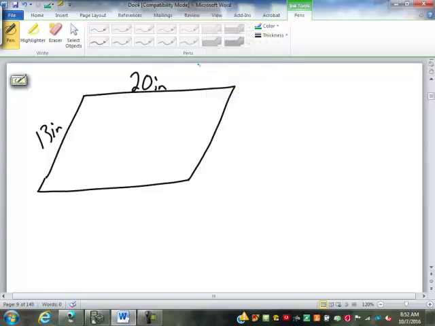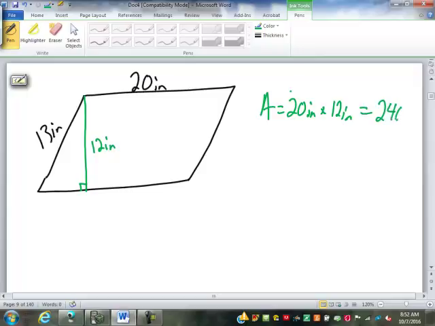The two dimensions have to be perpendicular. They have to make right angles. I would need to know this dimension across here, right? So if I know that that's 12 inches, now the area is found by doing what? That 20 inches times 12 inches. Do I divide by 2? No, it's not a triangle. It's 240 inches squared.